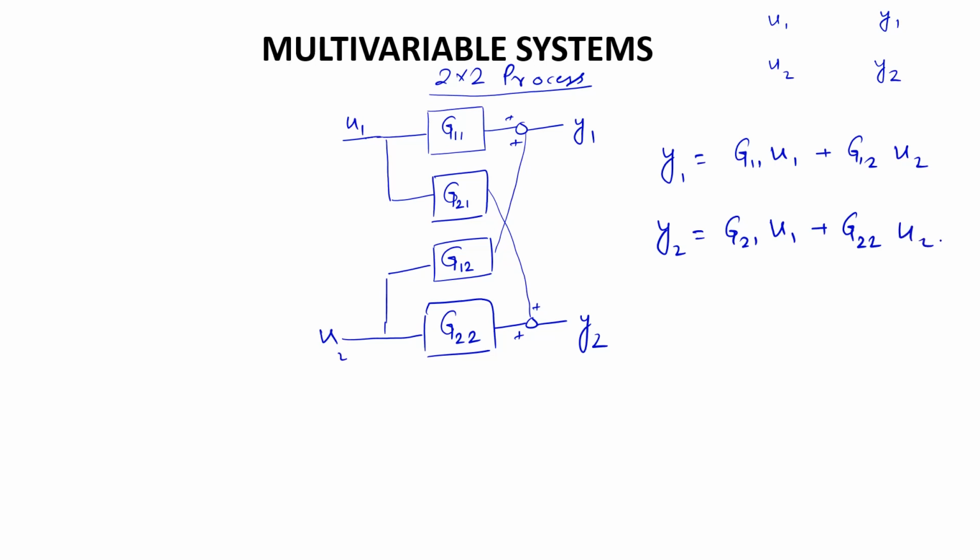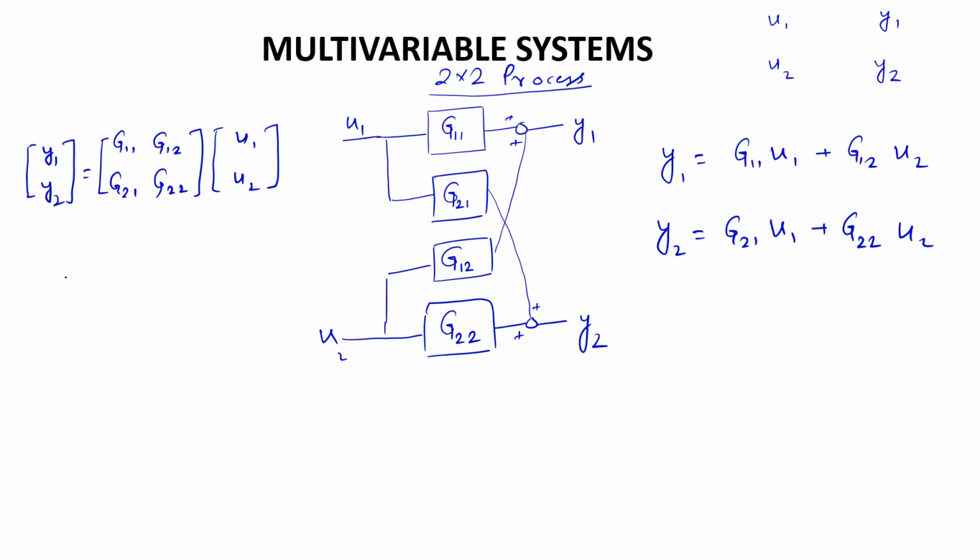And if you write this in matrix form, what you have is Y1 Y2 is equal to the matrix of transfer functions G11, G12, G21, G22 times U1 U2.